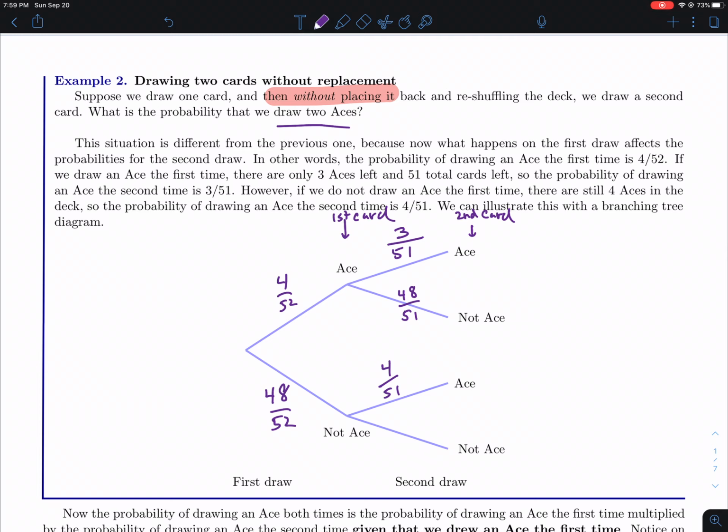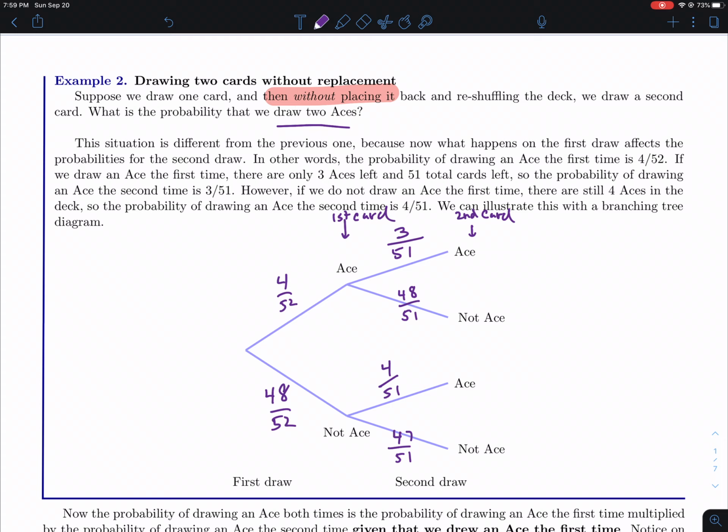And then finally, not an ace this time would mean we didn't get an ace the first time or the next time around. So in this case, we'd get 47 out of 51. We'd end up with 1 card less, but again, 1 card from the not-ace pile.